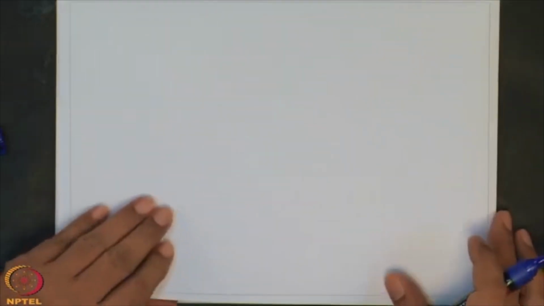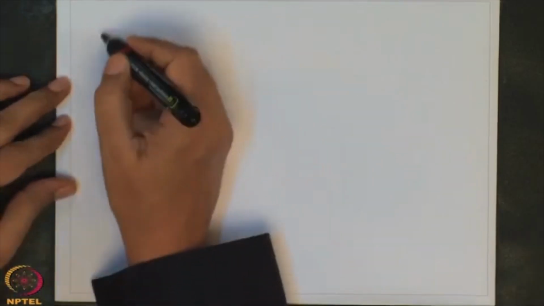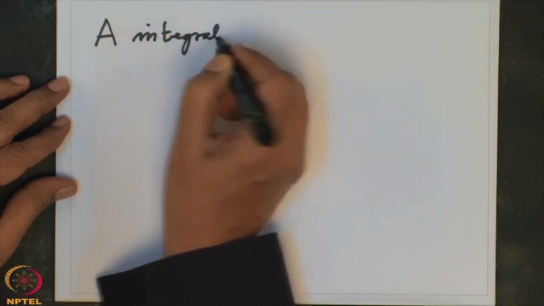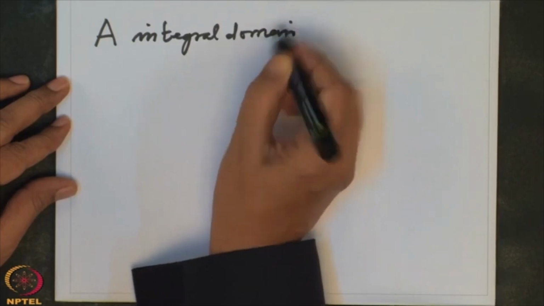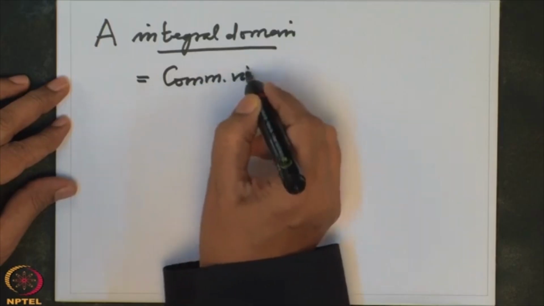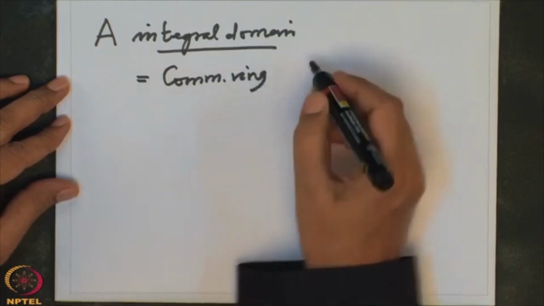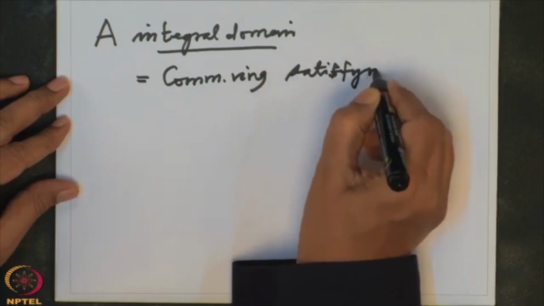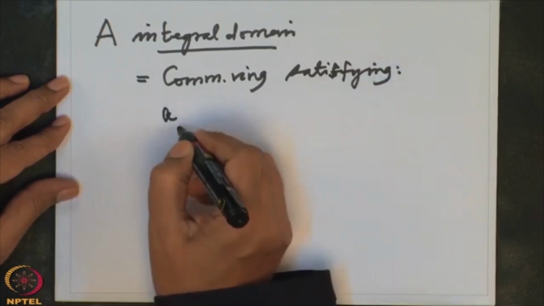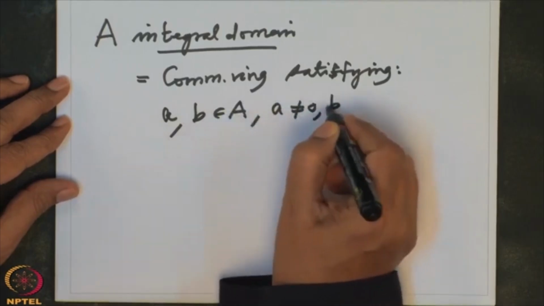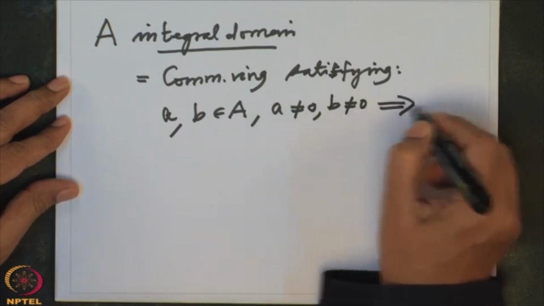Let me formally define what you mean by an integral domain. It is a commutative ring satisfying the property that whenever I have two non-zero elements A, B in the ring, both non-zero, then their product should be non-zero.